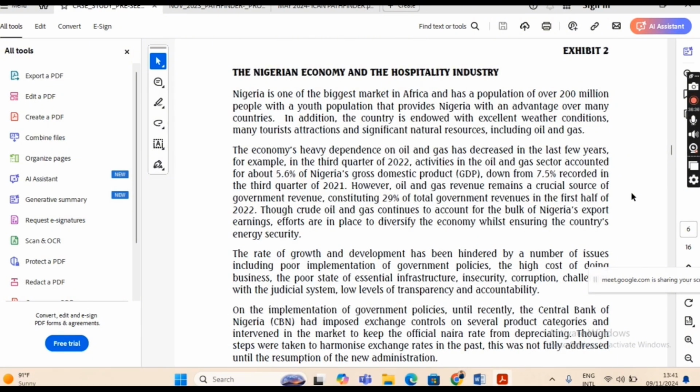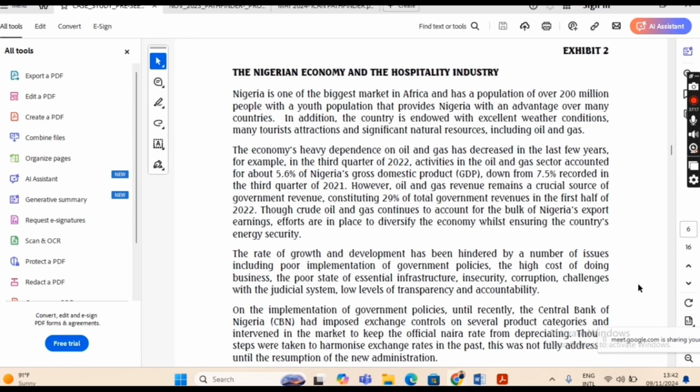However, though crude oil and gas continues to account for the bulk of Nigeria's export earnings, efforts are in place to diversify the economy whilst ensuring the country's energy security. The rate of growth and development has been hindered by a number of issues, including poor implementation of government policies, the high cost of doing business, the poor state of essential infrastructure, security, corruption, challenges with the judicial system, and low levels of transparency and accountability.